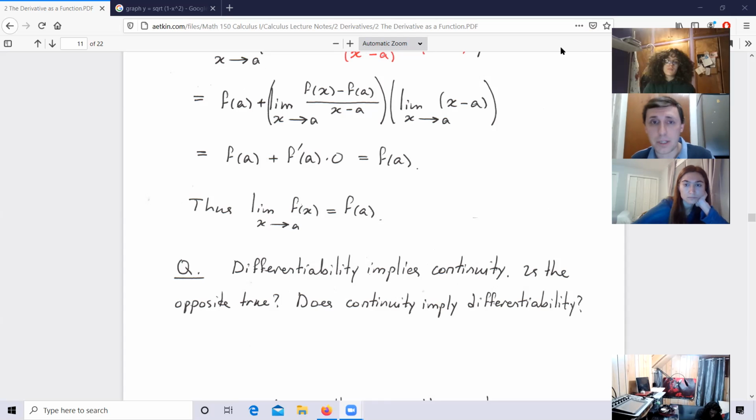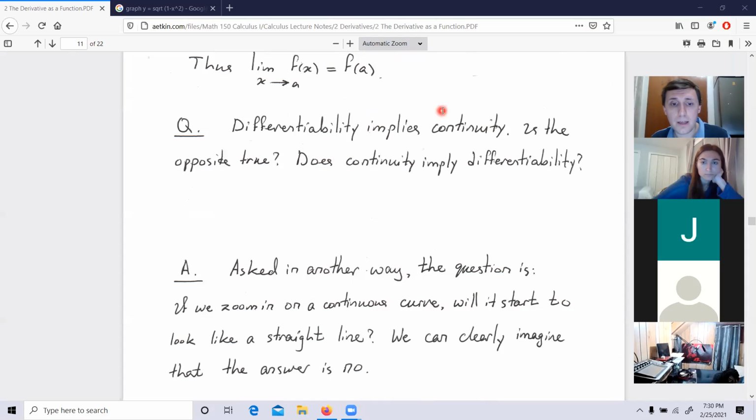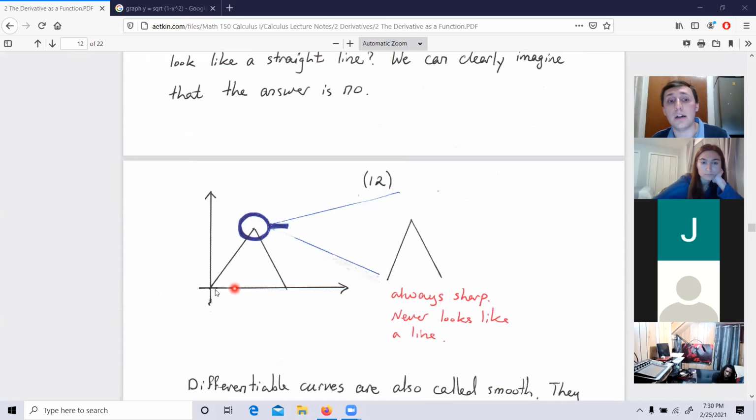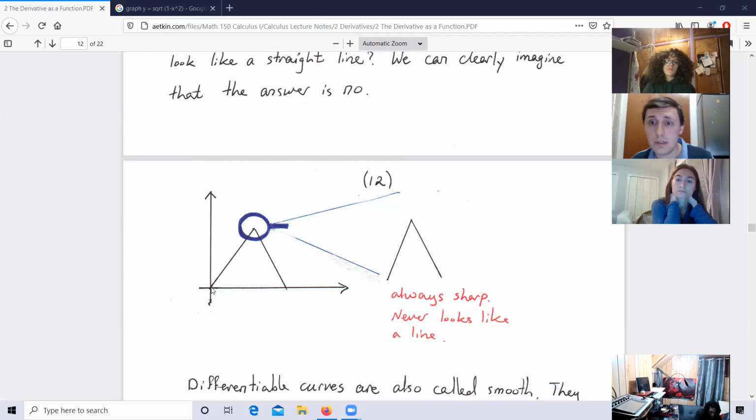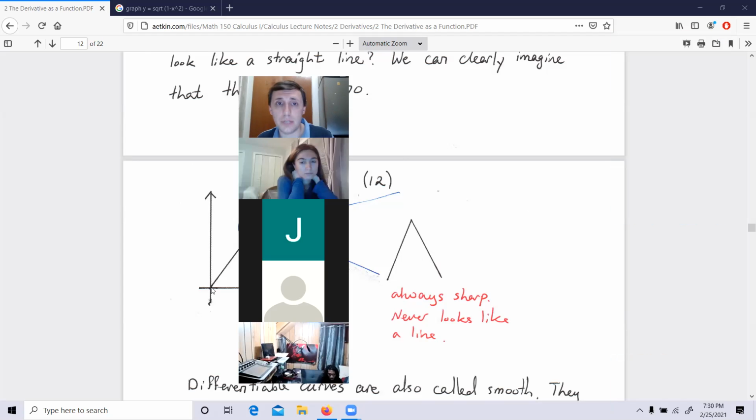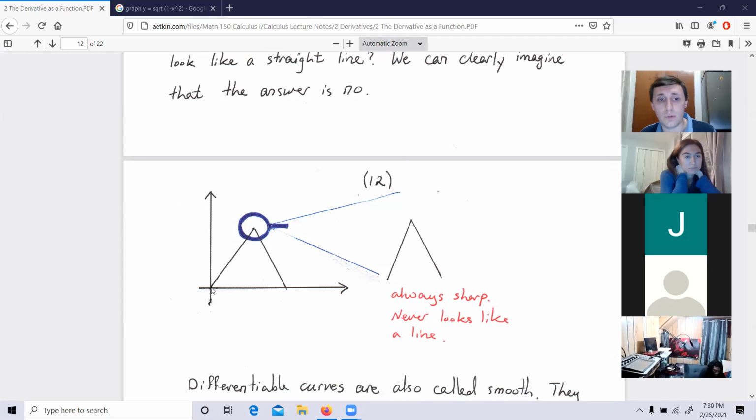Let's look at the picture. Here, guys, I create a curve made of two line segments. Here is one line segment. I will write a formula for it in a moment. Here is another. Now, what do you think would happen if I zoom in at the left leg?